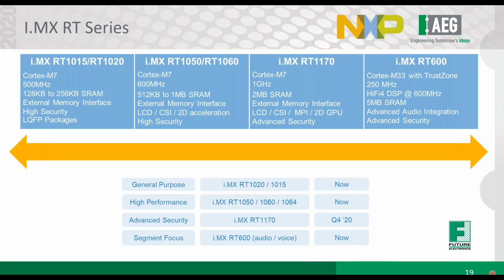And then you've got the flexibility just within this family alone to really scale up and down if you're looking at options to give you higher performance, for example, or you want some additional graphical and security capabilities, or if you're even looking for a family that's specifically focused for audio type of applications, you've got that flexibility within the I.MX RT series of devices.